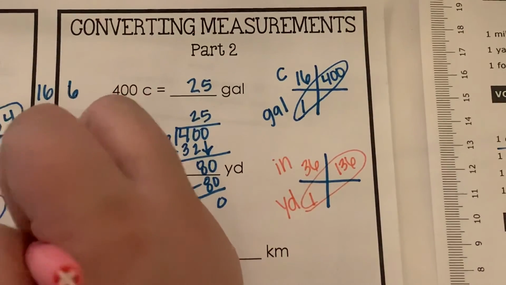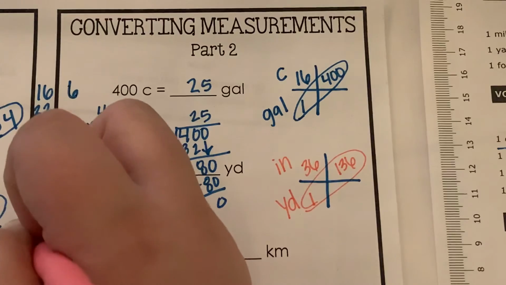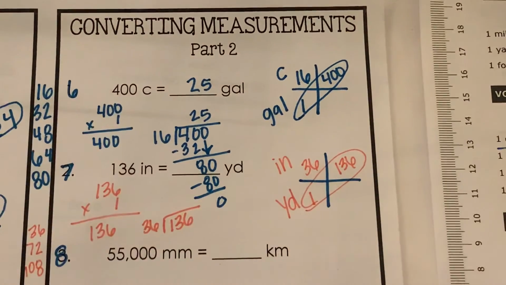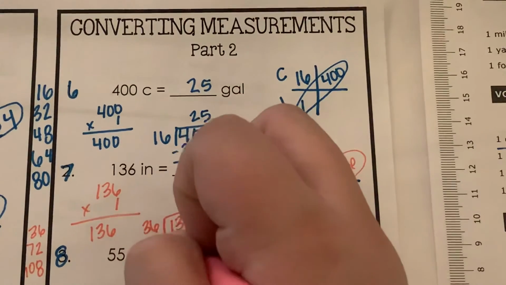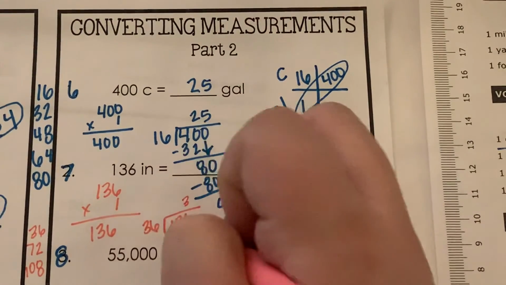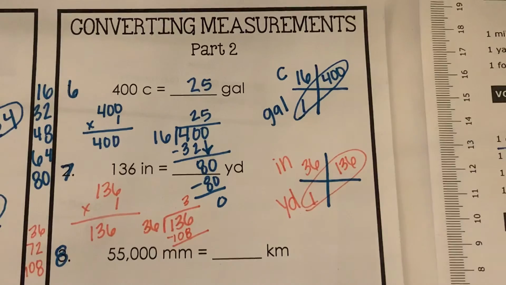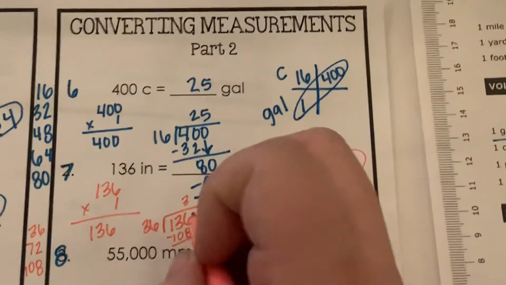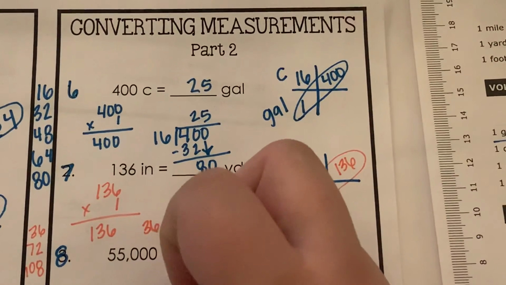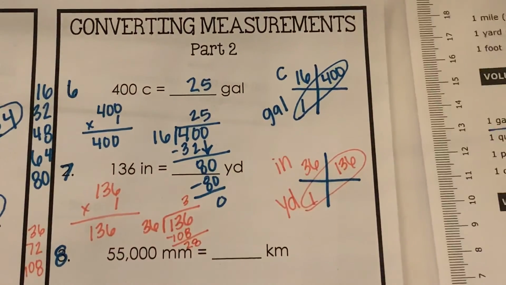I got 16. Oh, so we have to do it the other way? No, you can't do it the other way. So how are you supposed to get 25? Two times 2 equals 4, and then 4 times 4 equals 16.